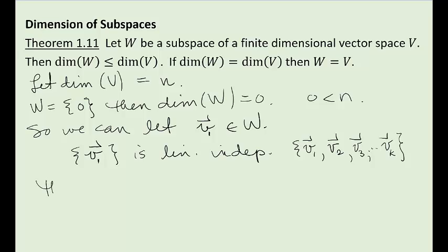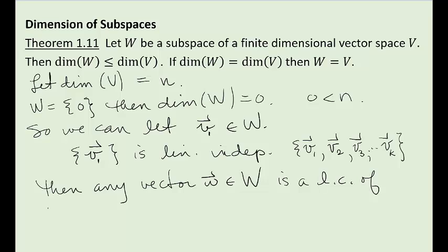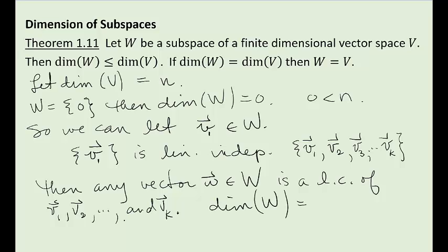Well then, any vector w in the subspace is a linear combination of v1, v2, and v sub k. So therefore, the dimension of W is equal to k, which is, of course, less than or equal to n.